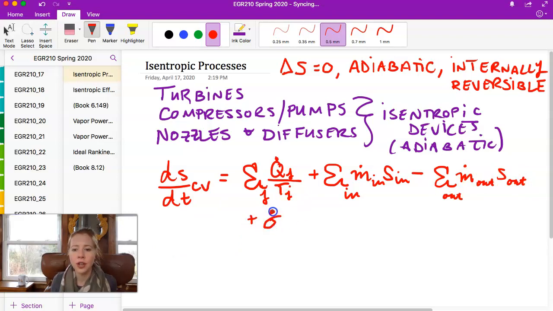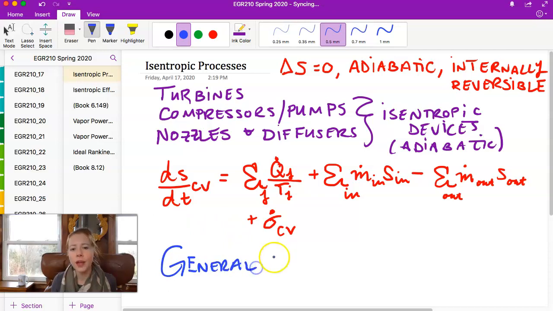Okay, so this is our general entropy balance equation for control volume problems.